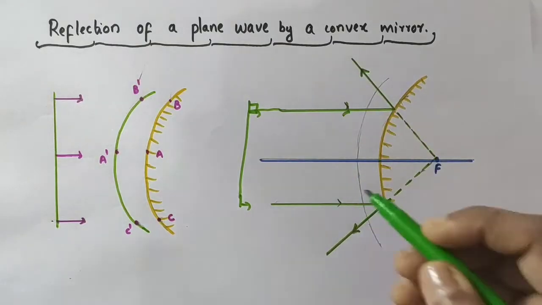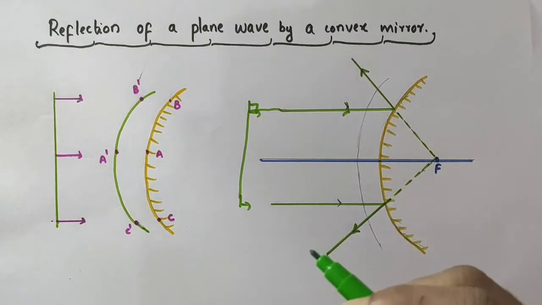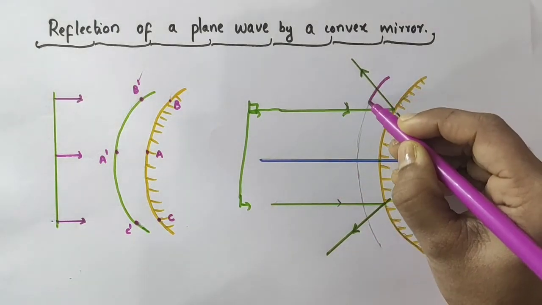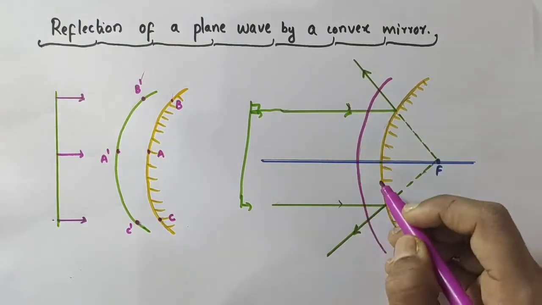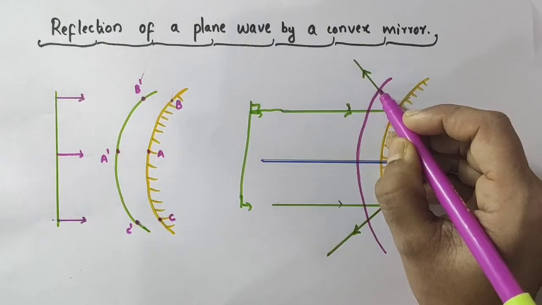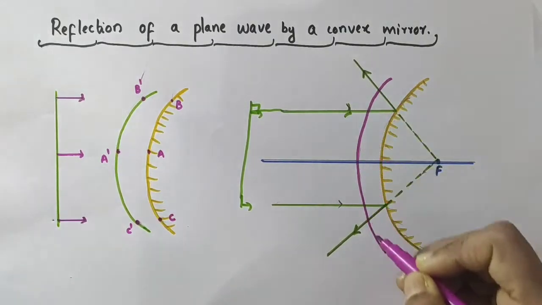If we have the reflected rays with us, we can easily draw the reflected wavefront, because the rays and the wavefront make a 90-degree angle. So the reflected wavefront will be a spherical wavefront like this. We will have so many reflected rays here. Here I have just drawn the reflected wavefront.